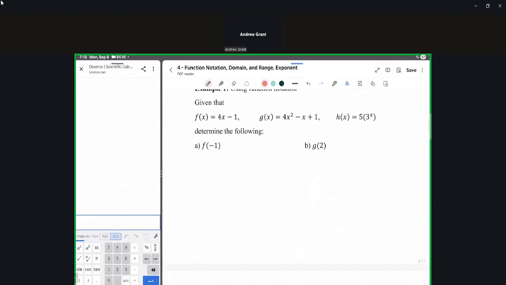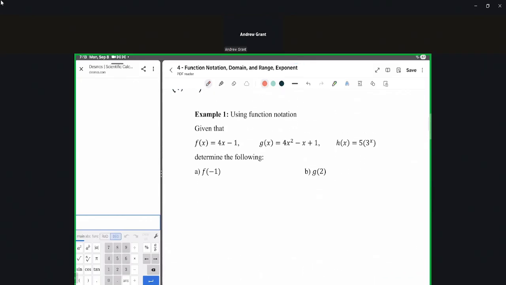So for example 1, we're going to use function notation. And so given f of x is equal to 4x minus 1, g of x is equal to 4x squared minus x plus 1, and h of x is equal to 5 times 3 to the power of x, we can now do the following. F of negative 1. So all that means is we are going to take our f of x function, and wherever we see an x, we're going to replace it with a negative 1 in brackets.